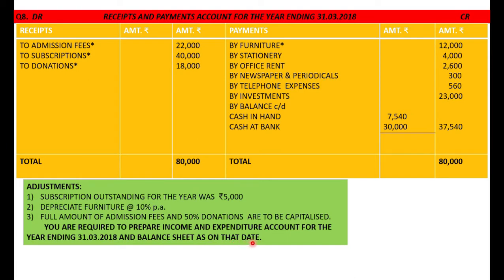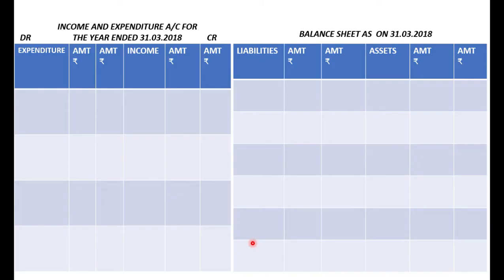So now we will prepare income and expenditure account and balance sheet. Income and expenditure account for the year ended 31st March 2018.